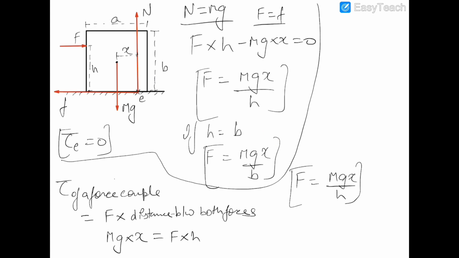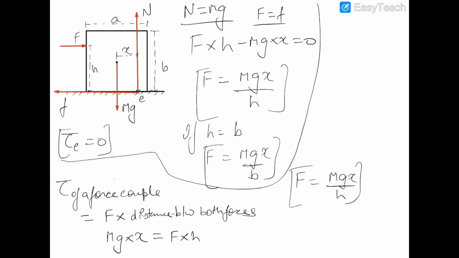So you can find this value of F by equating the torque about the center of mass, or the torque about the effective point of contact, or the torque about the force couple. This is the force couple. Okay, so these are the three different methods to find the value of F for which this block will either topple or not topple.